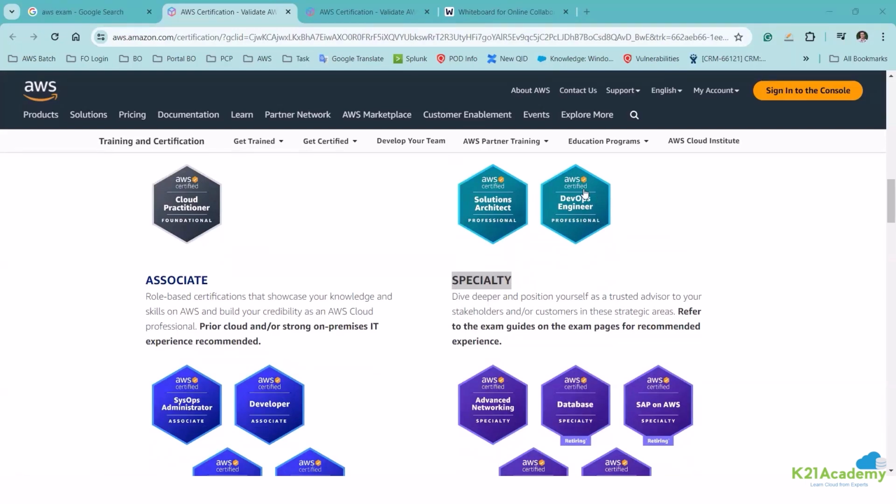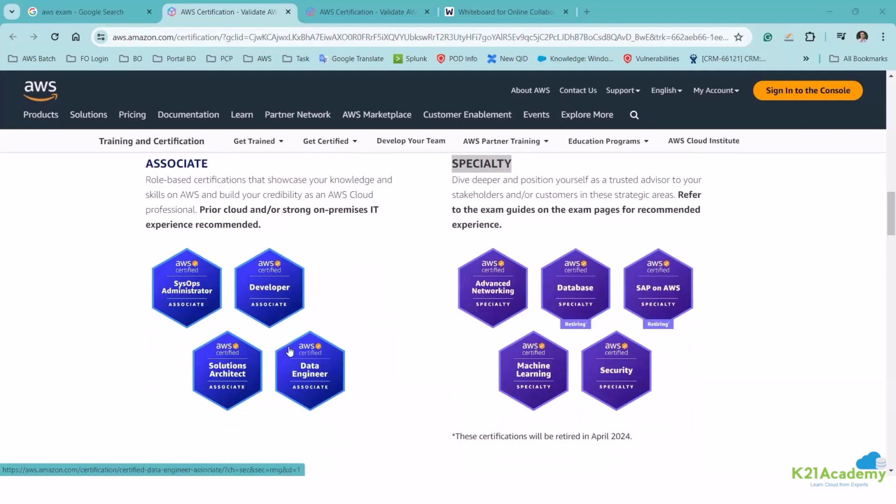You cannot jump directly to DevOps, because you don't know the foundational services like security, compute, storage, and networking. That's the reason we designed it in such a way that first you understand the architecture, and then we move to DevOps with a different trainer.